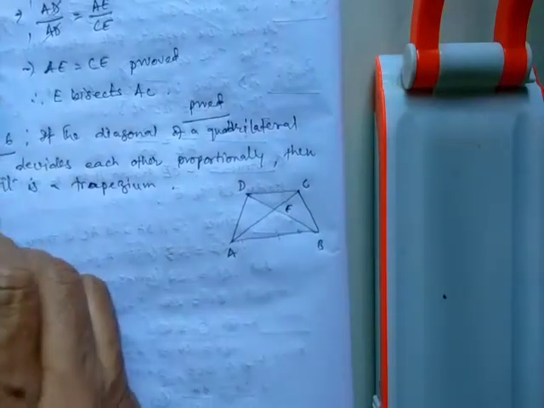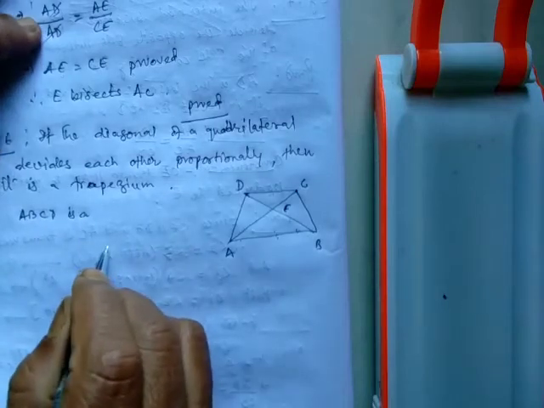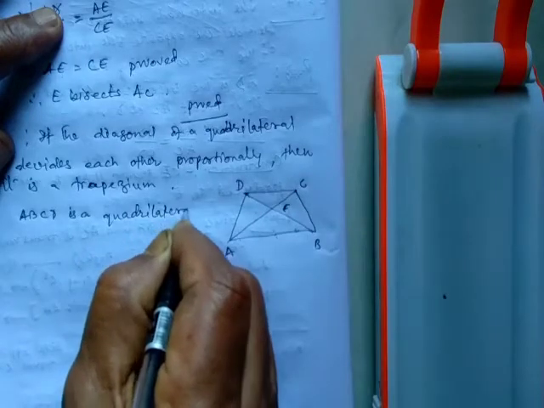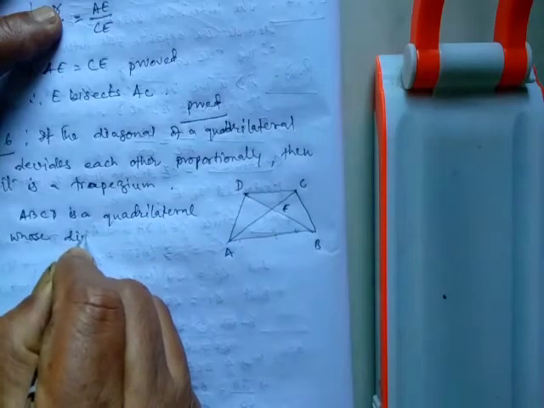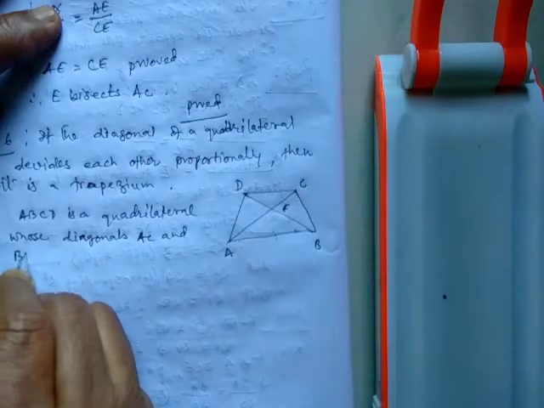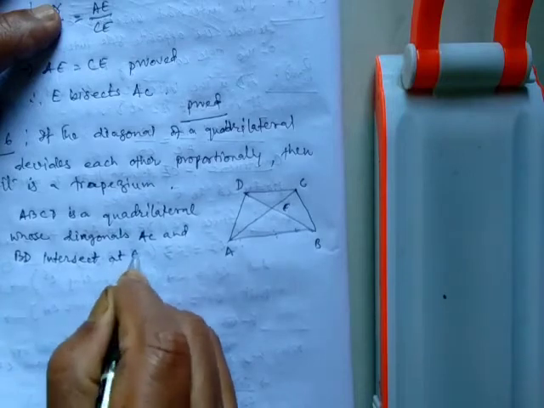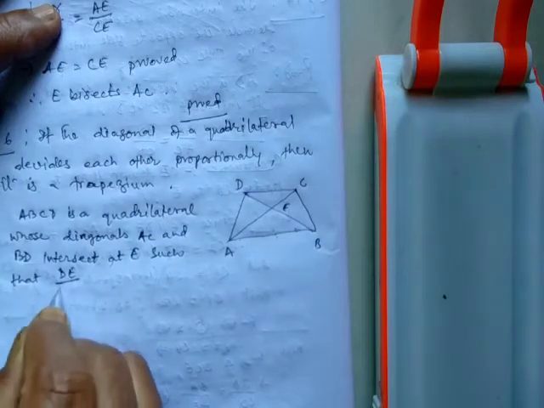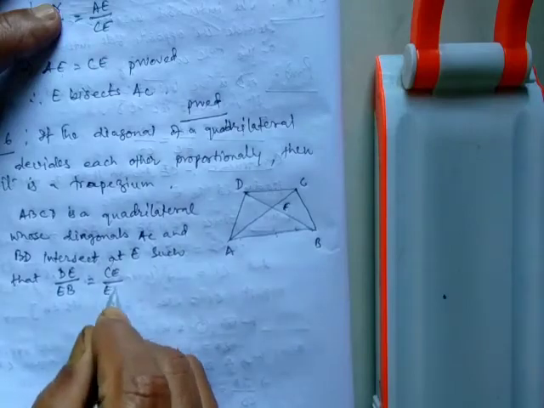Then see, ABCD is a quadrilateral whose diagonals AC and BD intersect at E such that DE by EB is equal to CE by EA.